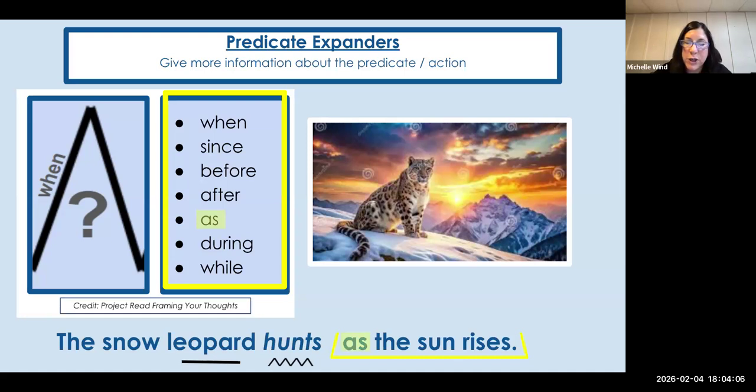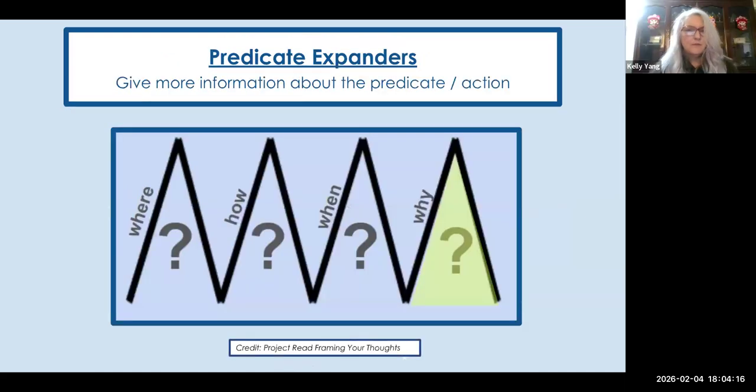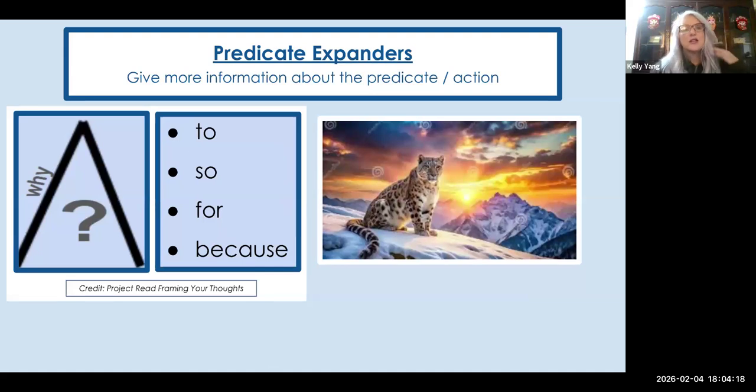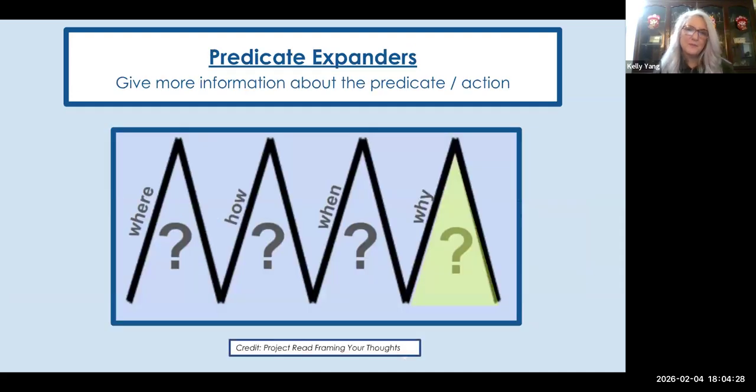So even just asking questions to dig a little deeper, just giving students that sentence stem, even for comprehension recall, is really powerful. Yeah. And a lot of your students won't understand the concept of two things happening at the same time. And so as is really powerful for comprehension of that concept.